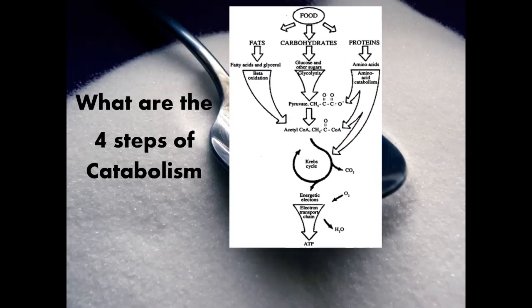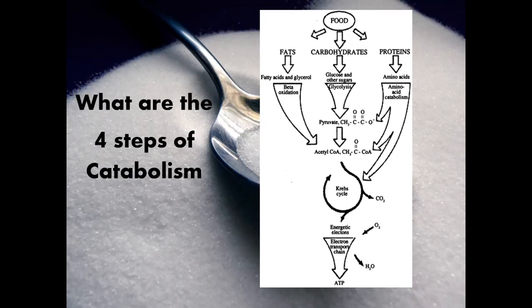Well, we start with digestion at the top. So we can start with fats, carbs, or proteins. And then what we're going to be talking about today is that second step, the beta oxidation, glycolysis, and amino acids. So no matter what you start with, they come down to an acetyl group. Coenzyme A is the carrier, so there's our 2 carbon groups, so acetate or acetyl.